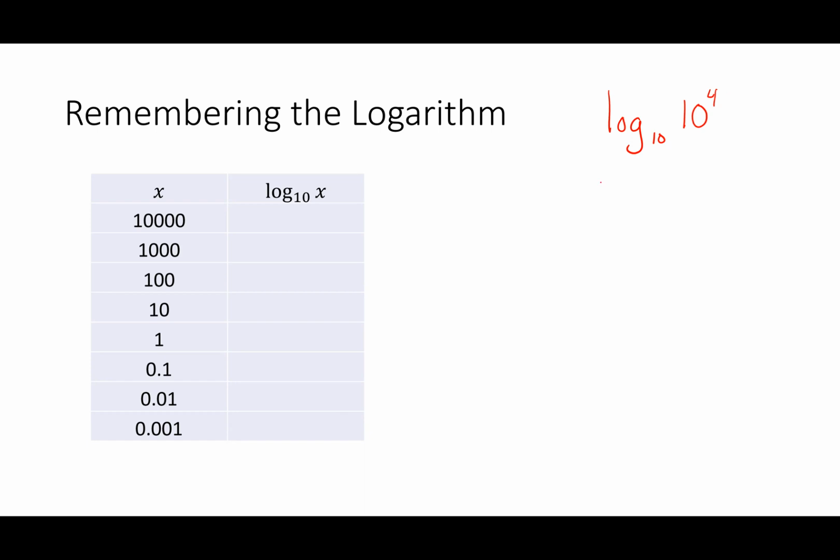If I take the log of 10 to the something power, the power always comes down in front. So this is 4 times log base 10 of 10. The log of 10 is what? 1.